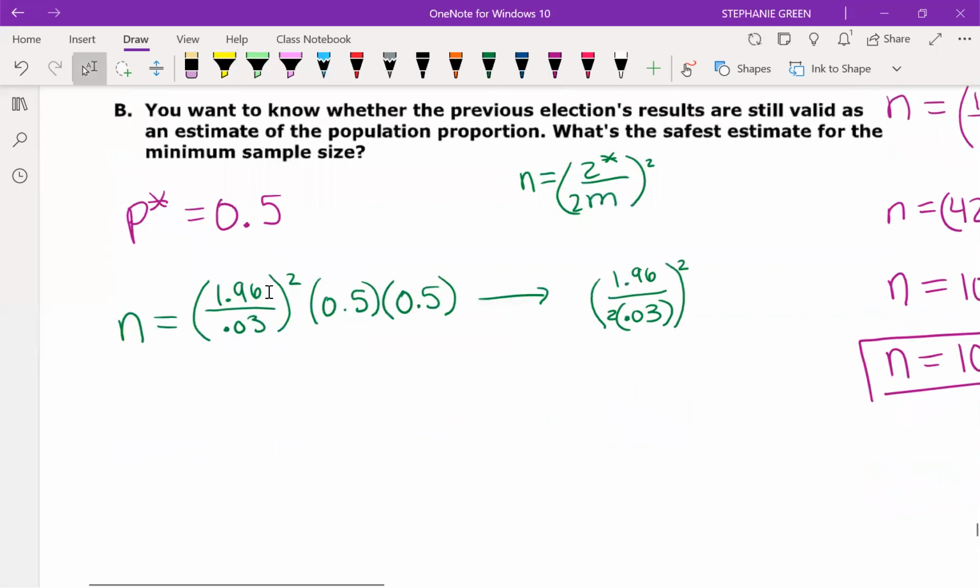Okay, so on this one, I'll divide on this fraction, square, and then multiply by 0.5 twice. In fact, I'll do it on here so you can watch me do it. On, clear. 1.96 divided by 0.03, and then squared, and then times 0.5, and then times 0.5 again. We get 1067.11 repeating.